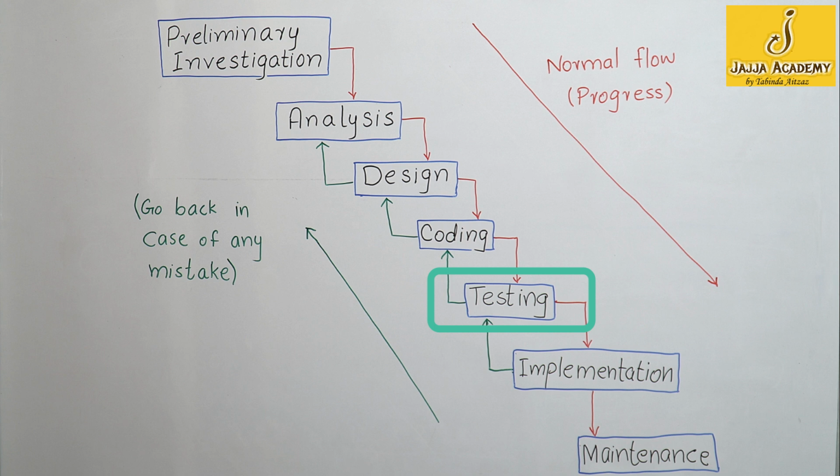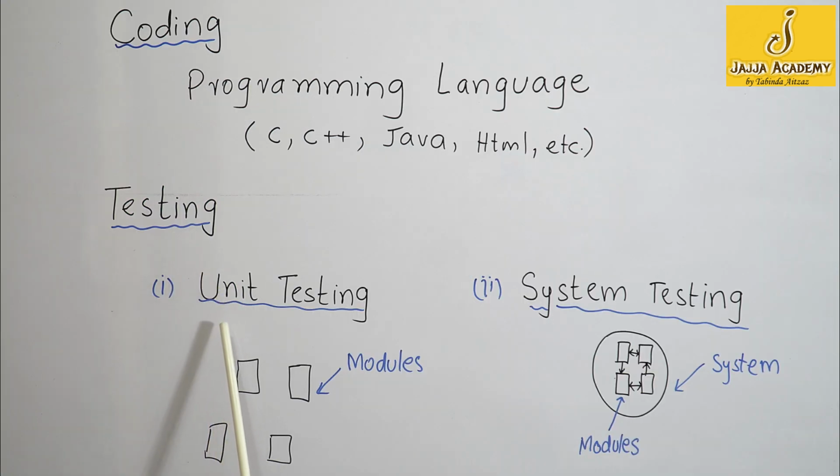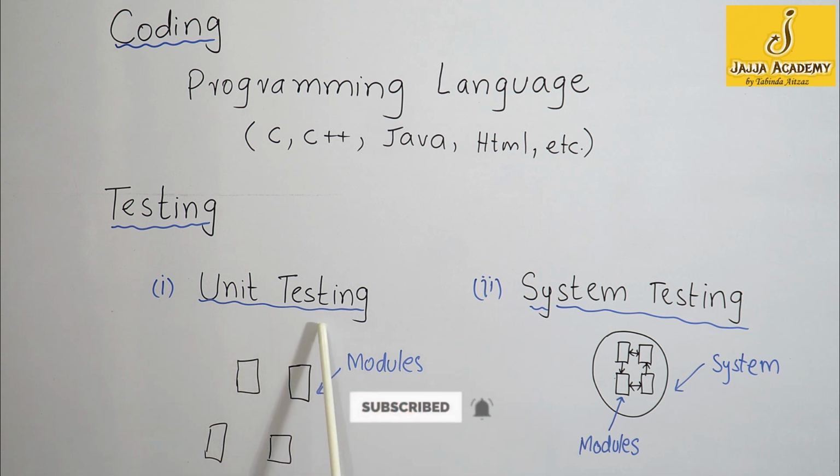In the testing phase, two types of testing are done: unit testing and system testing. Unit testing is also known as modular testing, as the modules prepared by programmers are tested individually. The modules are tested one by one. That's why unit testing is also known as modular testing.